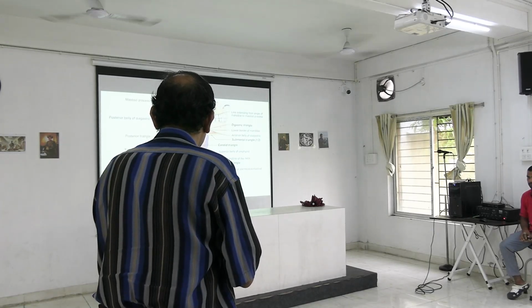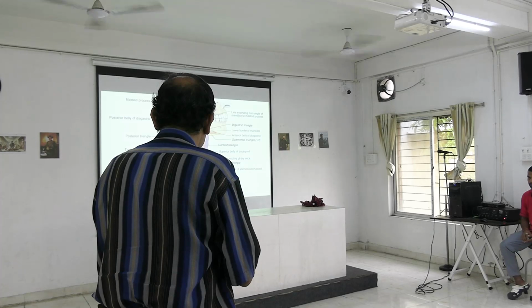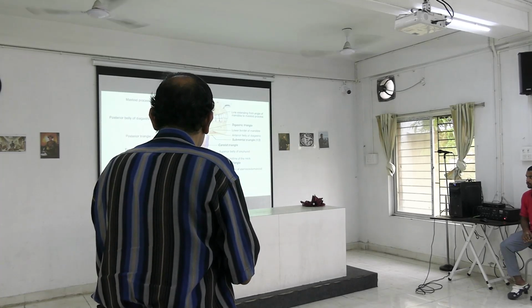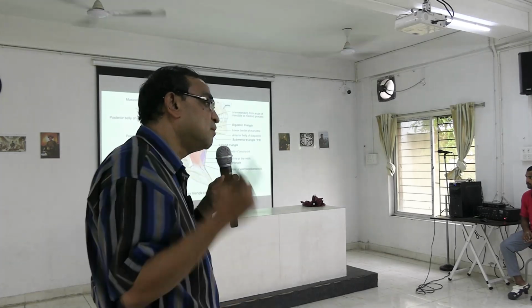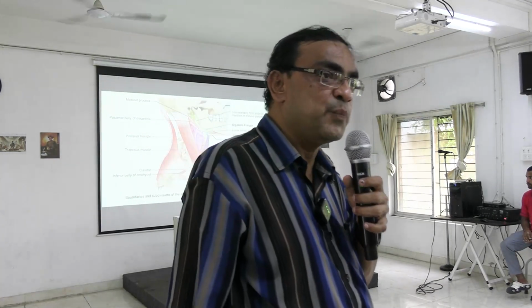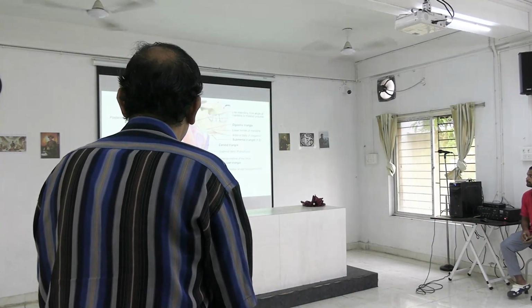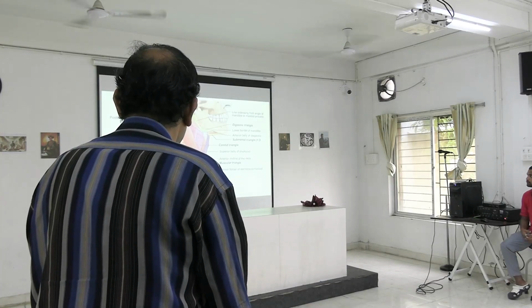The base is formed by the base of the mandible, angle of the mandible, and the line joining the angle of the mandible up to the mastoid process of the temporal bone. So, this is the base, and these are the other sides. So, this is the digastric triangle.